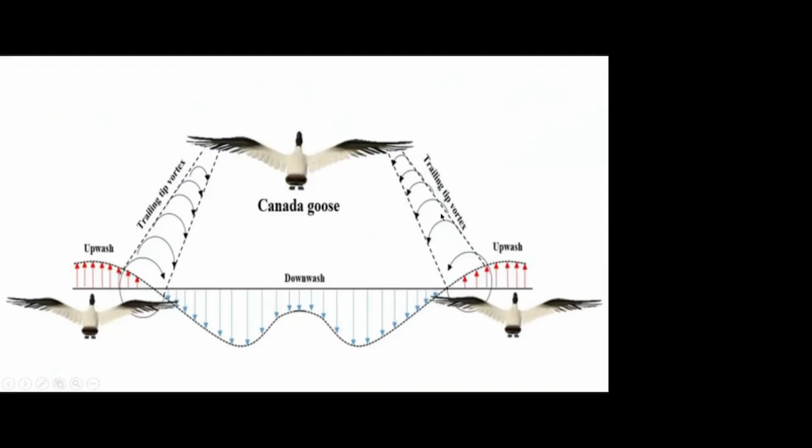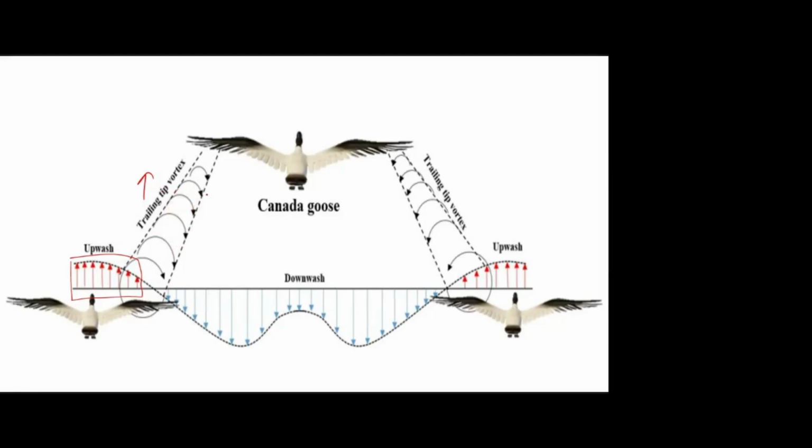Almost all the birds. And the reason is, as I already told you, for the finite wing there will be wing tip vortices. That means the circulating flow, right? And if you see the flow component next to the wing tip vortices, here it will be upward. You can see this flow component diagram. So this is how it is rotating, right?